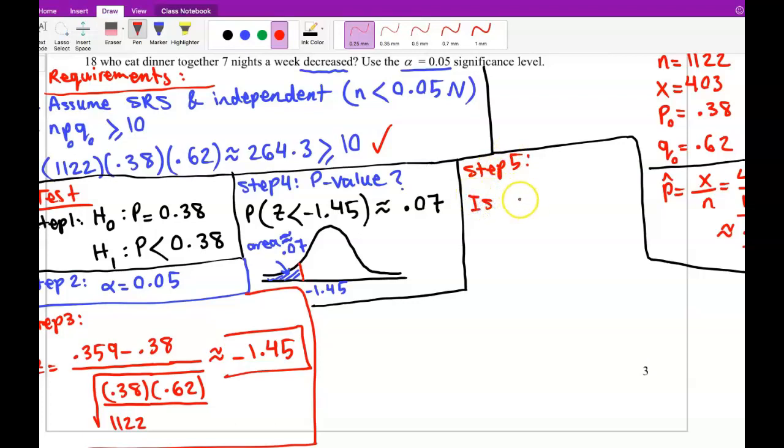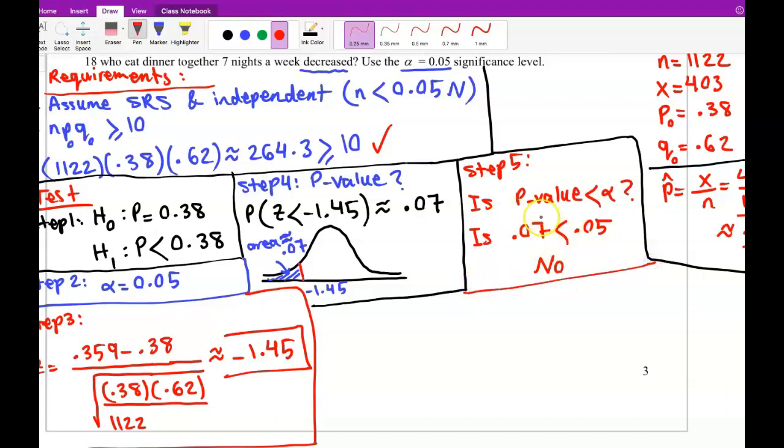So is the p-value less than alpha? So is 0.07 less than alpha, which was 0.05, 5%? Is that one less than 5%? No. So that is step 5.